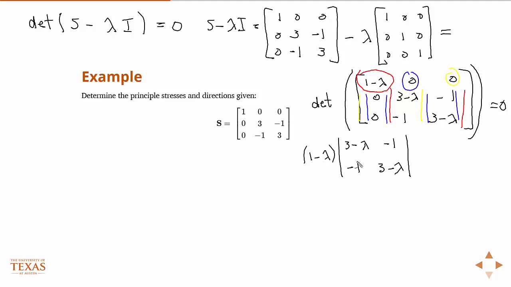Okay. So that is equal to 1 minus lambda times (3 minus lambda) squared minus 1.